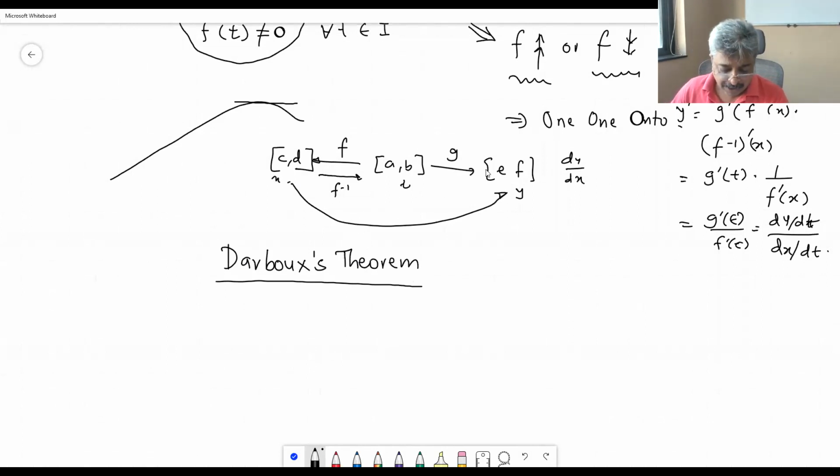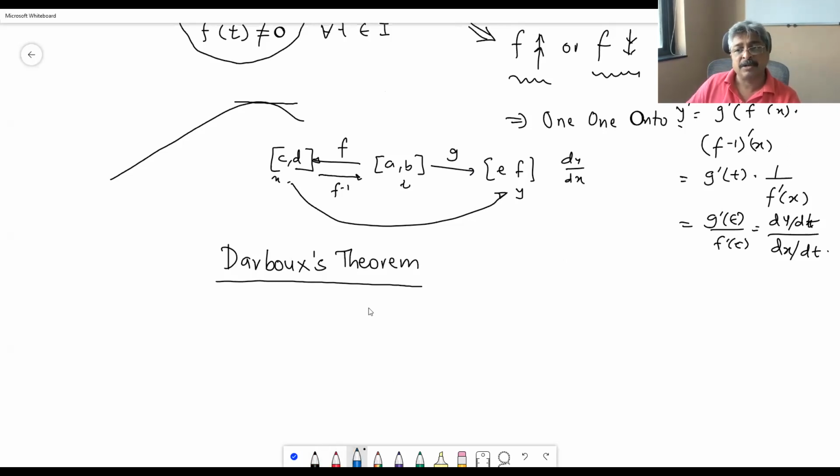That is, even if f dash is not continuous, that is fine, if f dash has the intermediate value property. If the intermediate value property is there, even if f dash is not continuous, we can still apply our parametric differentiation theorem to that kind of function. So we will understand this a little better once we prove this particular theorem, Darboux's theorem.